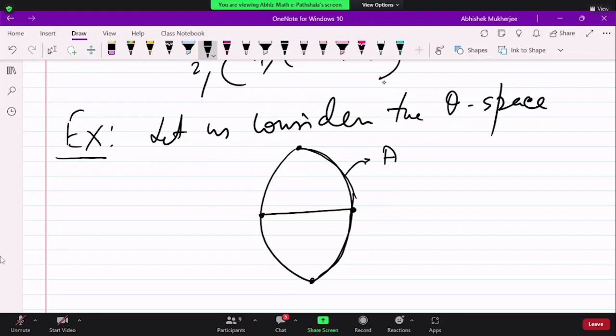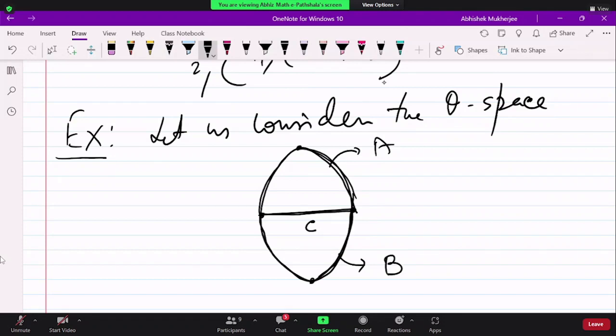This part as A, and this part as B, and take that one as C. So this is nothing but a graph having 4 vertices and 3 edges, right?